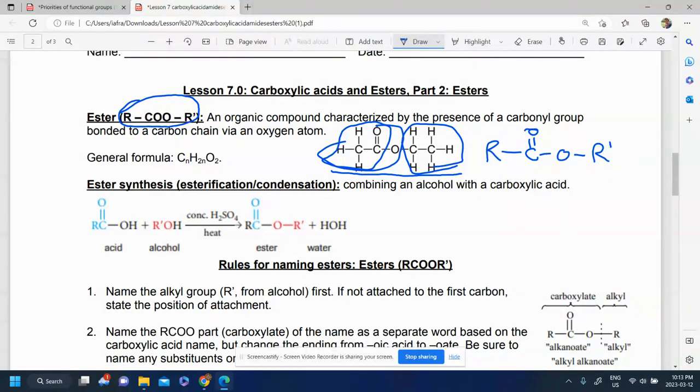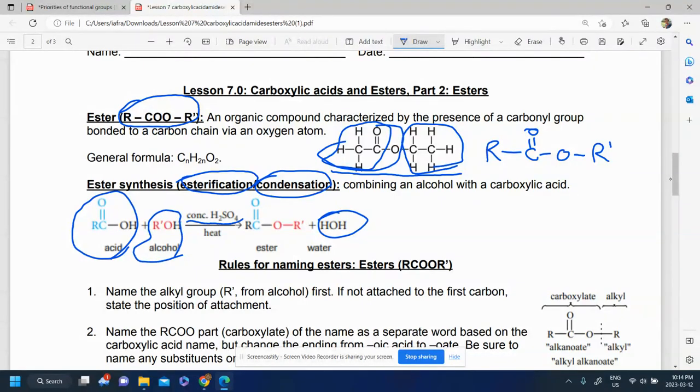And so how are these made? They're made by a reaction called an ester synthesis or esterification, sometimes also called condensation, because water is produced. And so what happens is you take a carboxylic acid and you make it react with an alcohol. And to do that, you actually need some concentrated sulfuric acid and heat to just speed the reaction up. This is used as a catalyst as opposed to a reactant, which means that it's something that speeds the reaction up without really being part of the reaction itself.